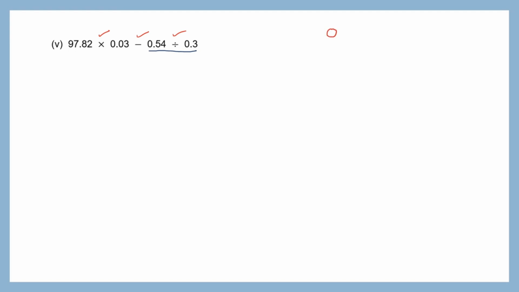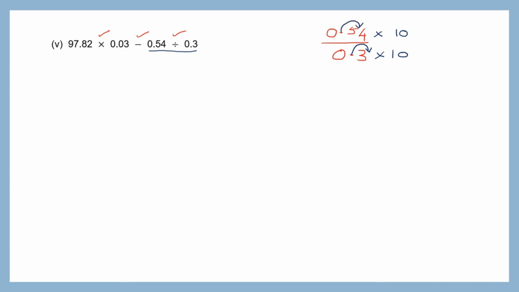So let's start. 0.54 divided by 0.3. Now we have to make 0.3 just 3, a whole number, and we can do that by multiplying it by 10 so that the decimal point moves one place to the right. Now multiply the numerator also by 10. The decimal point moves one place to the right.